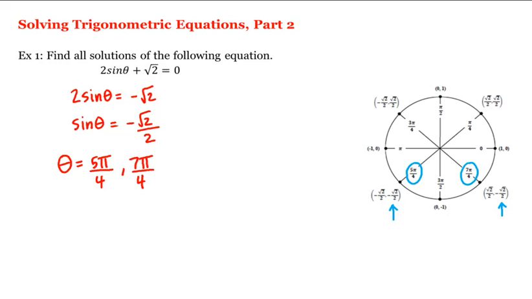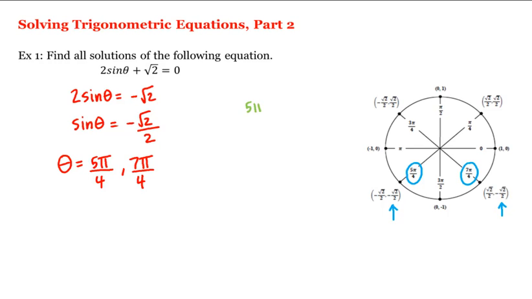But what else? Are these the only two angles that have sine equal to negative root 2 over 2? They aren't, because if we go around this unit circle 2 pi radians in either direction, we'll land on these same two points, which means that the sine of those angles will also equal negative root 2 over 2. And those angles are called coterminal angles because they share the same terminal side.